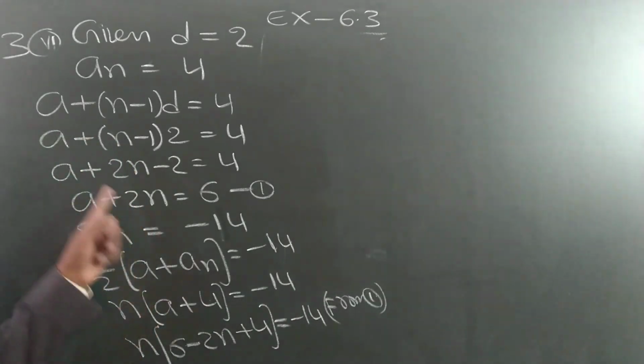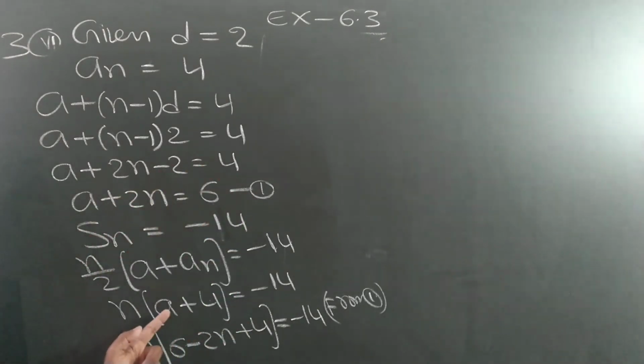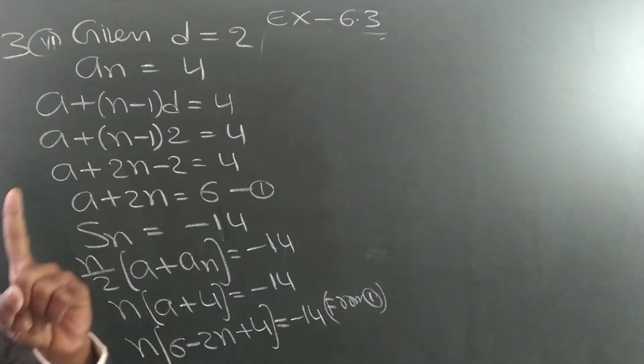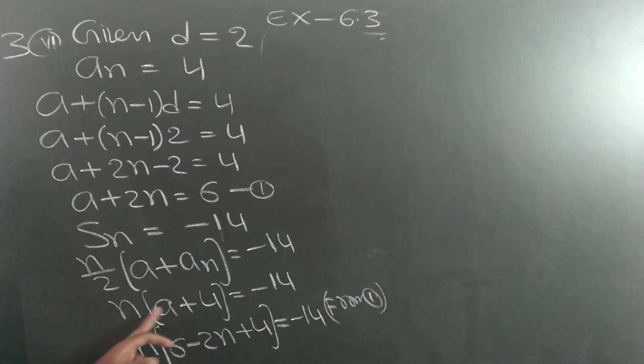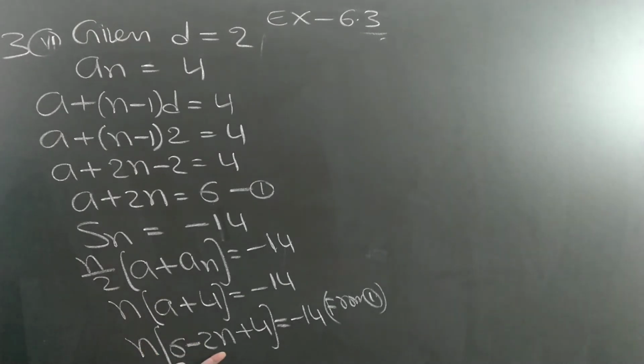Students, in place of A, 6 minus 2n, so that there is no a, only one n is there, we can find the n value. There should be only one variable. If a and n both are there, we can't do anything. So I removed a. In place of a, 6 minus 2n.